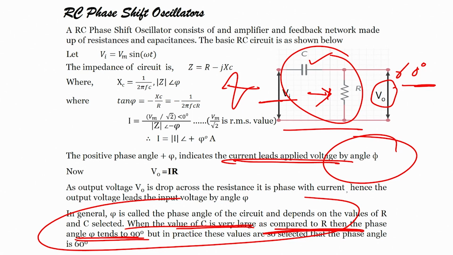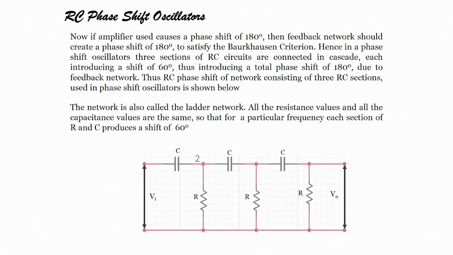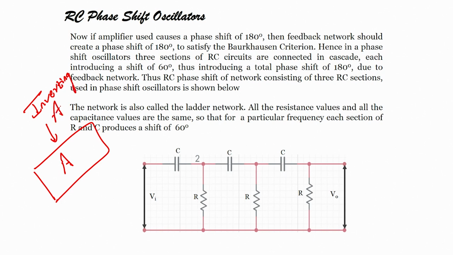Okay. So, one RC is 60 degrees. If I have an inverting amplifier and I apply a signal, then my output would be 180 degrees out of phase. This is 0, this is 180 degrees.